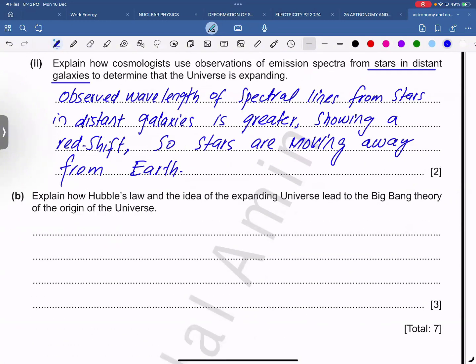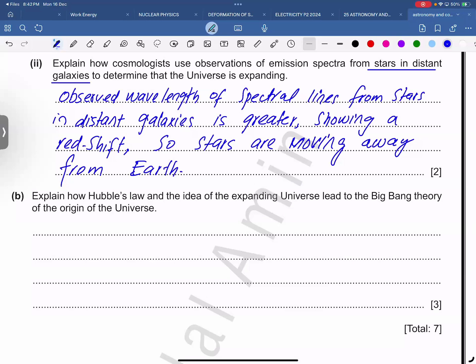How Hubble's law and the idea of the expanding universe lead to the Big Bang. Okay, Hubble's law says that the speed is increasing as they are moving away. And Doppler's effect says the universe is expanding. If this is true, then back in time, all these galaxies started from a single dense and very hot matter.